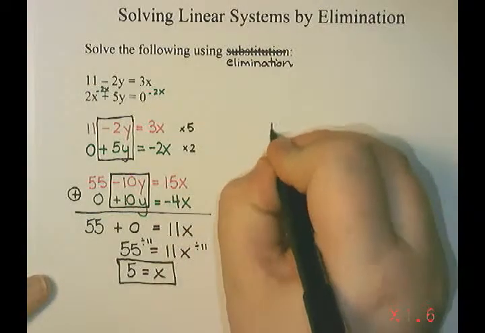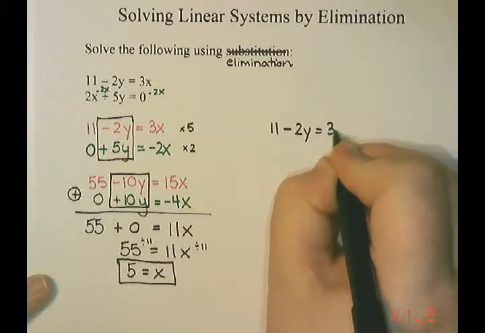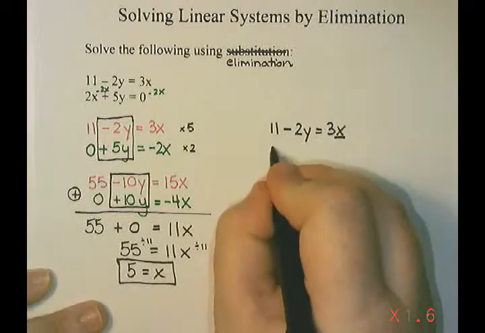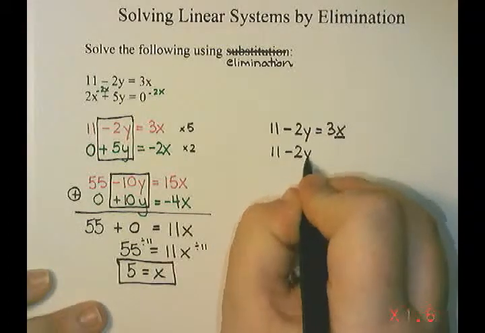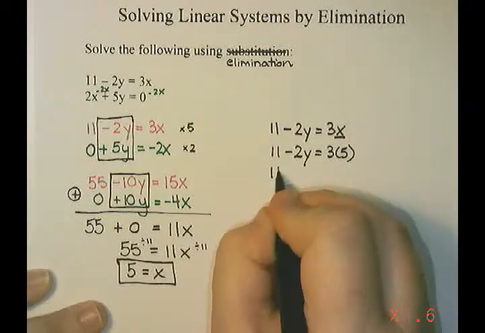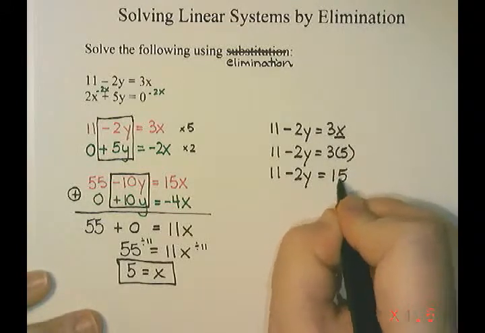So I've got 11 take away 2y equals 3x. In place of x, we're going to put in 5. So 11 take away 2y equals 3 times 5. So 11 take away 2y equals 15, since 3 times 5 is 15.